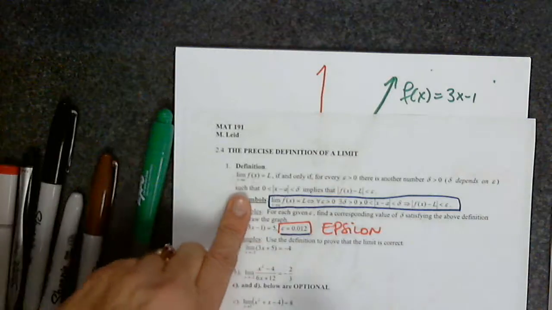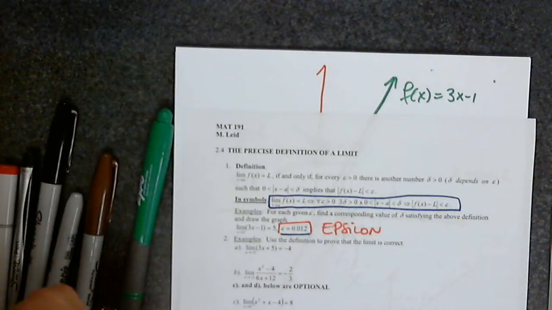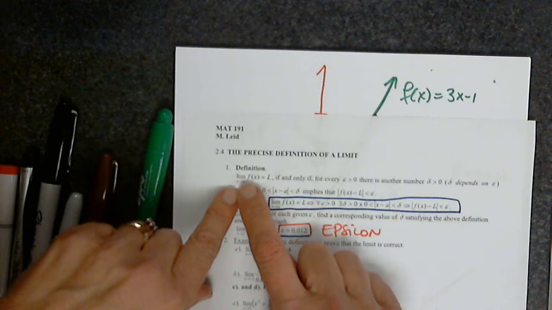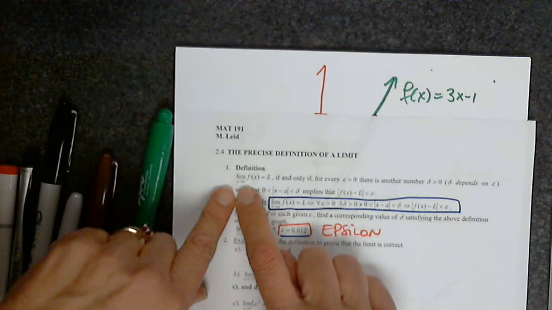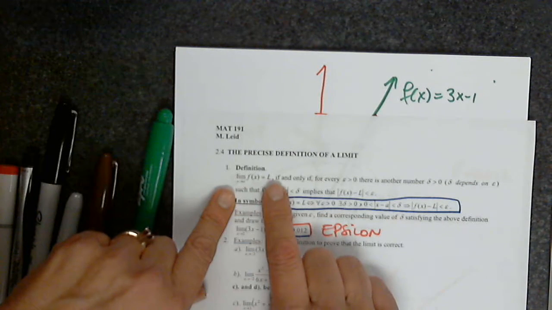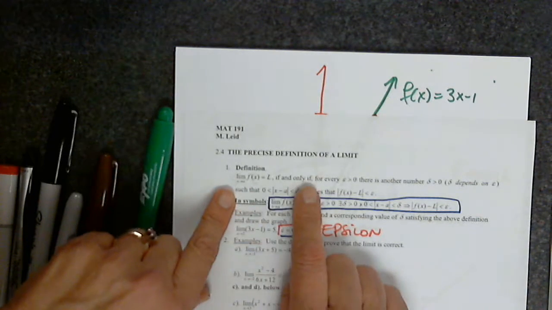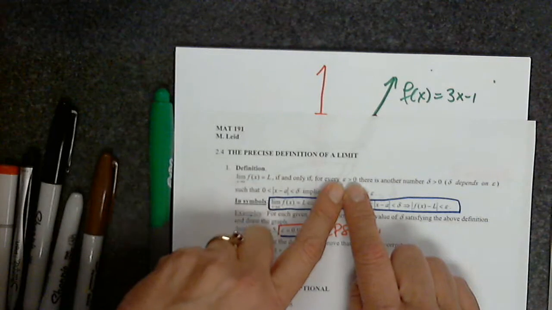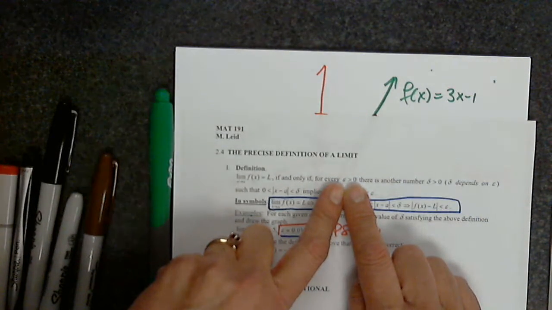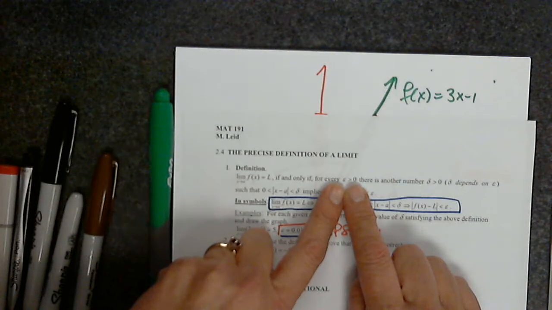Okay, so allow me to read this, and then we'll come back, finish the problem, and then move on to other problems. The limit of f of x as x approaches a is L. It means, if and only if, for every epsilon, and of course epsilon has to be a positive number, I cannot have a negative distance anyway.